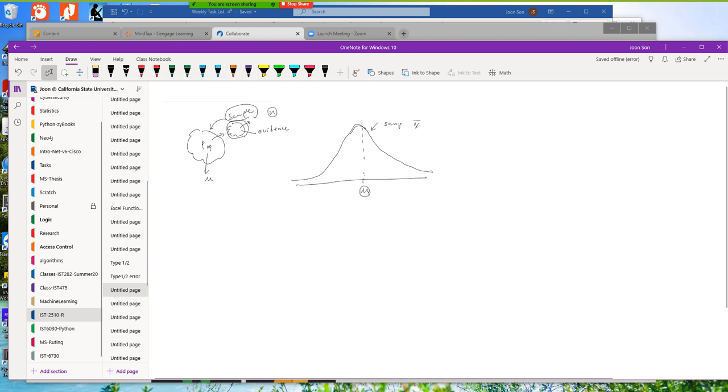So if the null hypothesis is true, and we have alpha here, we learned that this is the critical point, and this is the rejection region.